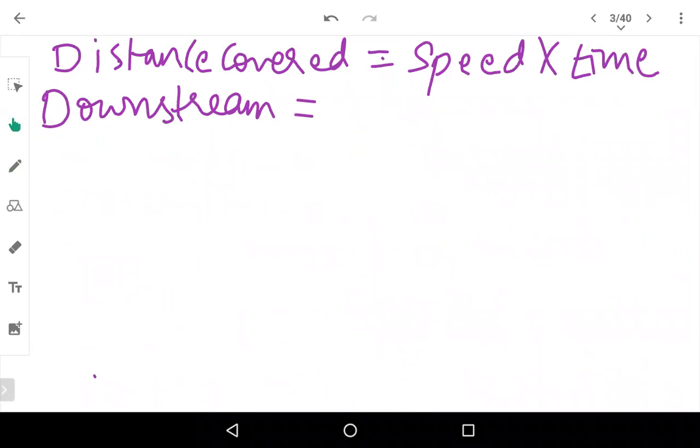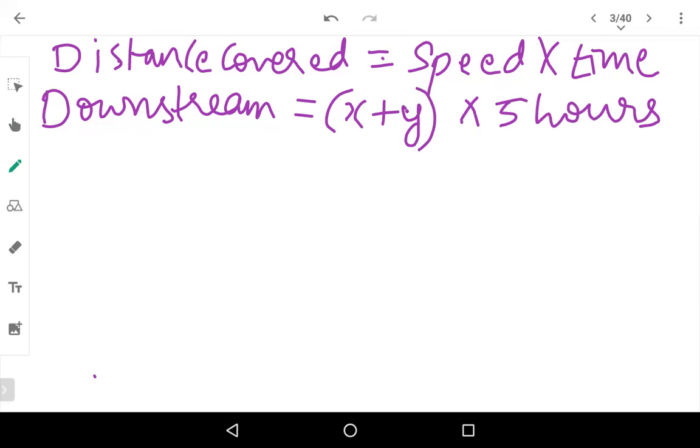So speed is x plus y into time, 5 hours. Okay, so this is one part of it. From the downstream, we are trying to get the equations. Okay, now upstream.